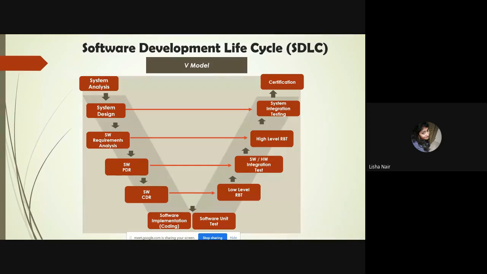What happens is we have a preliminary design review, called the software PDR. Once you have defined a design based on the software requirements, a high level and low level design, you go through preliminary design review.